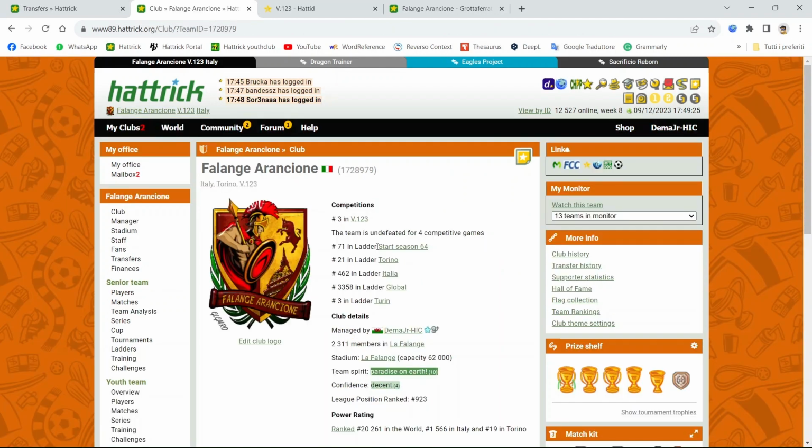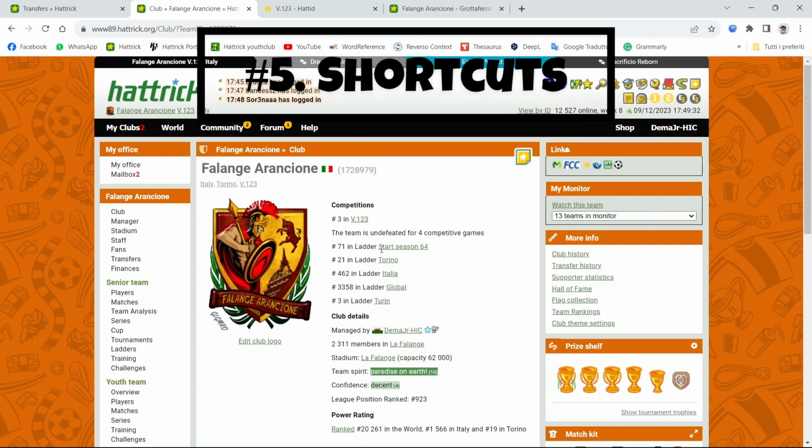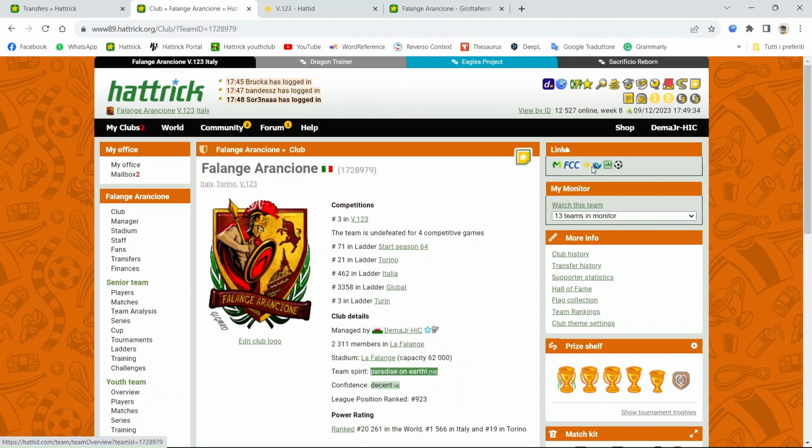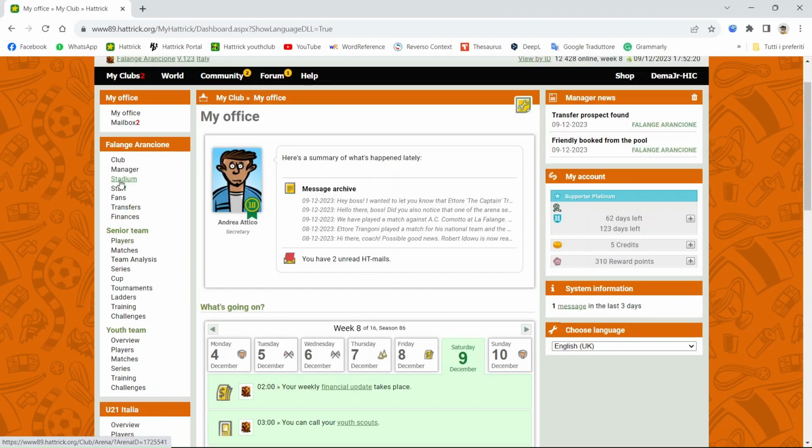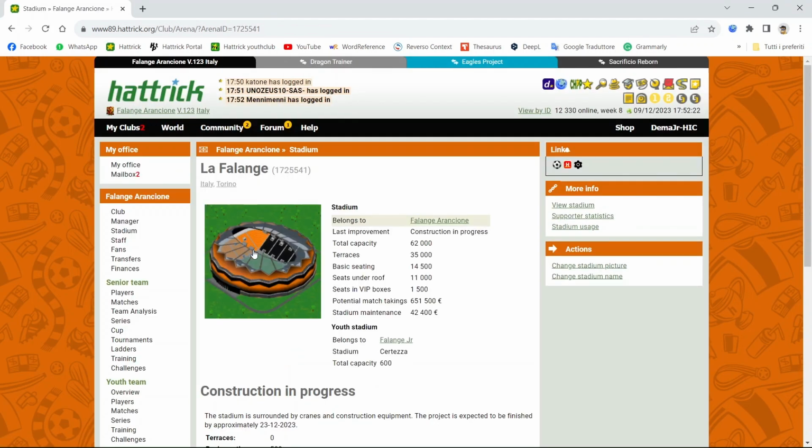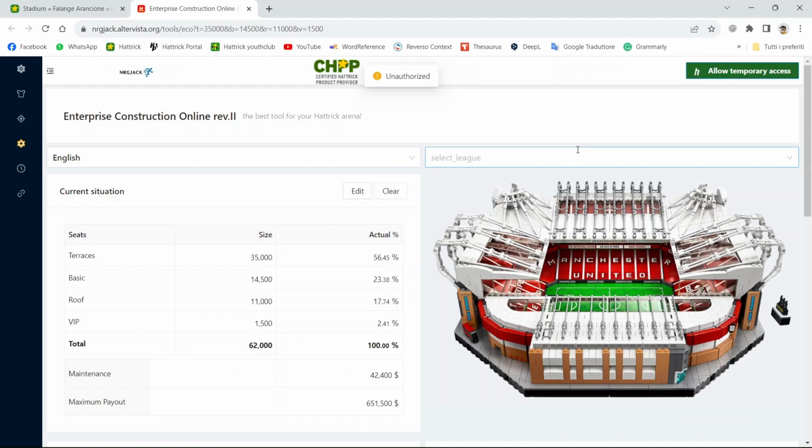And the last feature that I would like to mention, you already saw during the video, are the shortcuts that you can personalize. In each page you can find a lot of information and useful links to improve and boost the game experience. For example, in the stadium you can go directly to the tools of the stadium, for example the enterprise construction online.